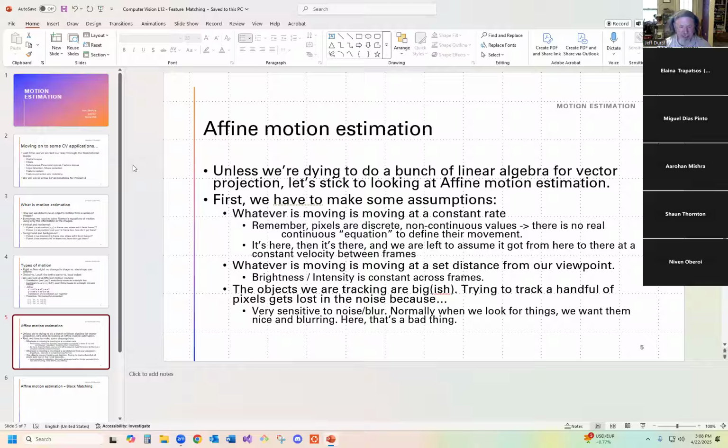And the other thing with affine motion estimation is that we do not want to work with blurry data.